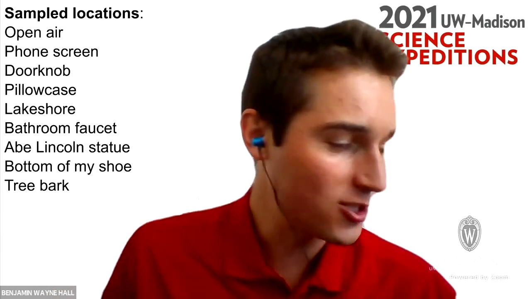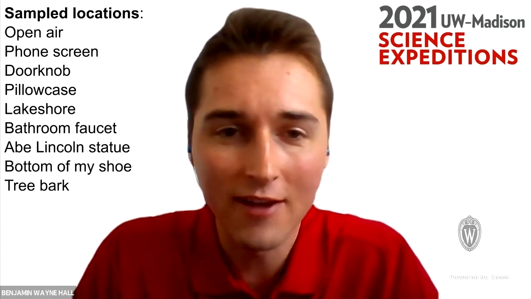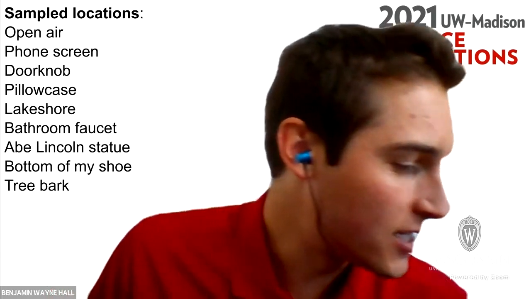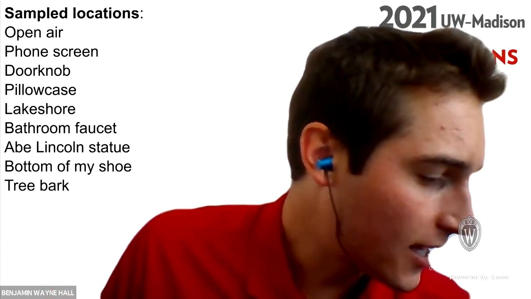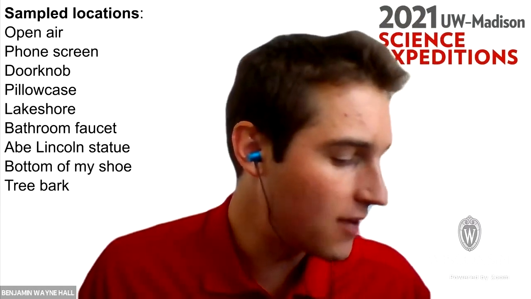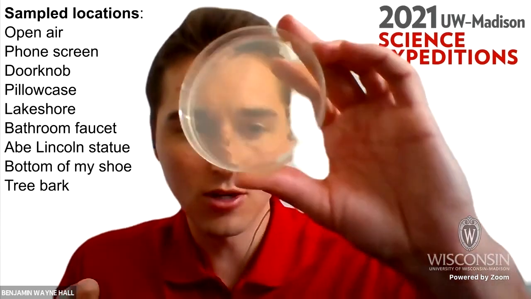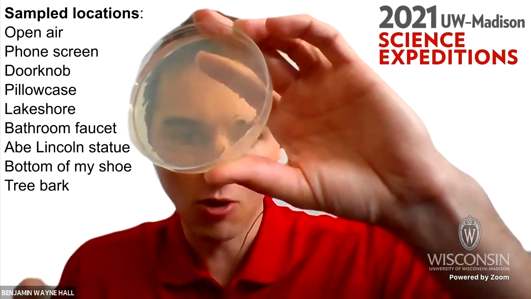So now I want to pose another question to the viewers. So please type in your guesses or responses into the YouTube live stream. My question is, why do we think some places that are high touch surfaces that we might have expected there to be a lot of bacteria, why do we think we ended up with little to nothing?